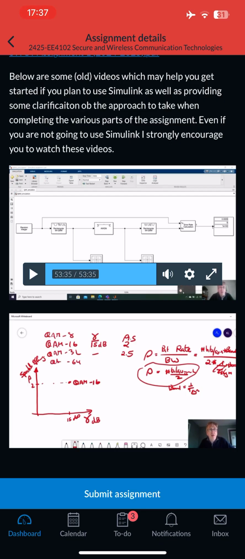QAM64 will be 3, QAM128 will be 3.5, QAM256 will be 4. Each of those will give you discrete values on your plot, giving you a representation of a real world, i.e.